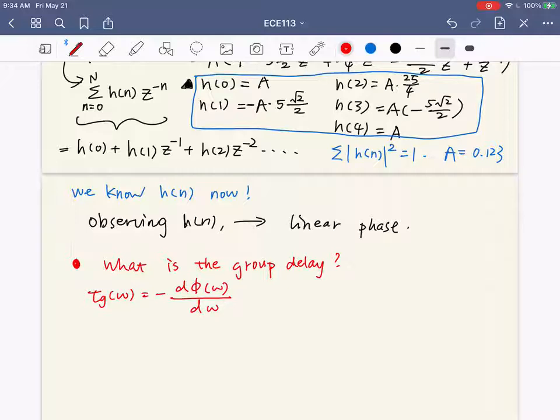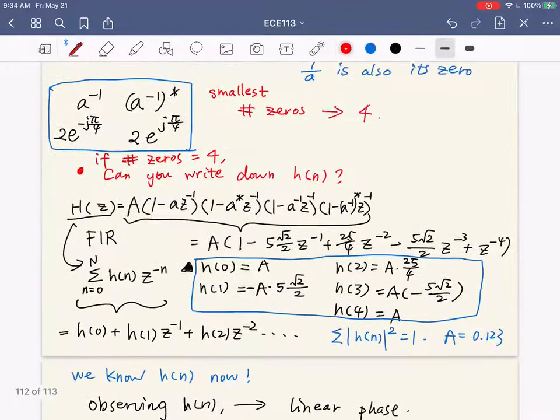Sorry, I'll answer them first. Arya said, why not z minus a? If you recall, when we write down the general form of h of z, it is b, the constant, times something z to the minus 1 times something until z to the minus m, right?